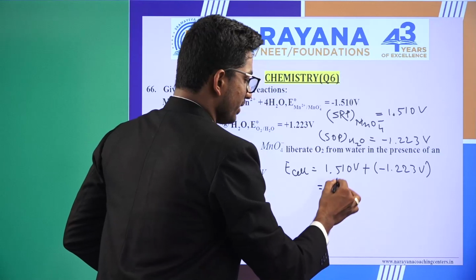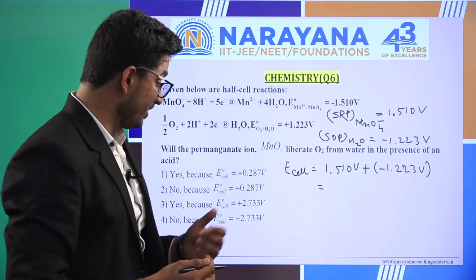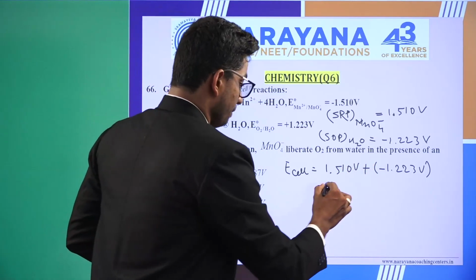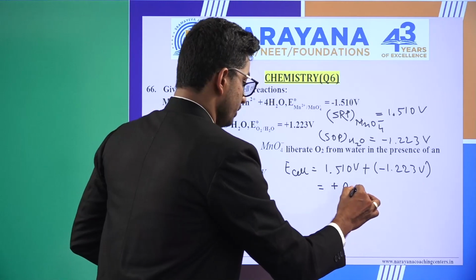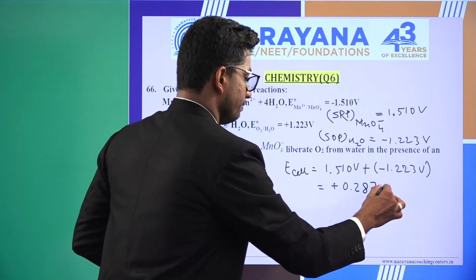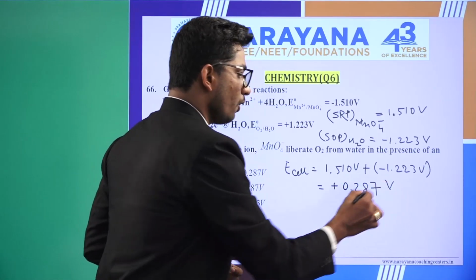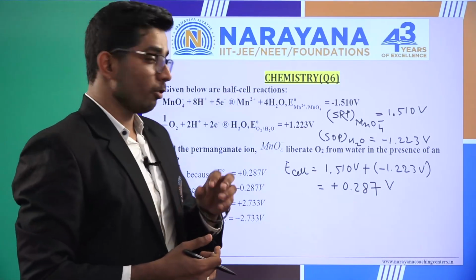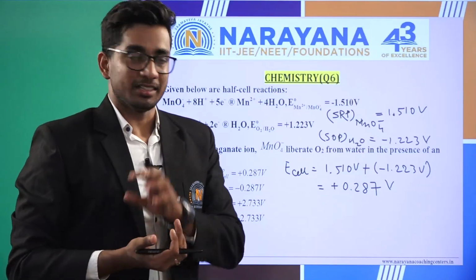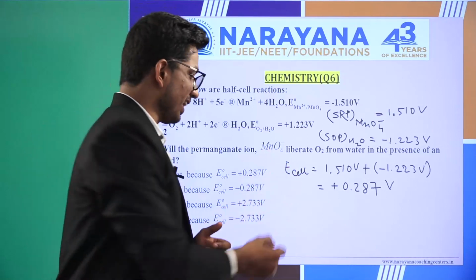Here plus minus will become minus, and it will be plus 0.287 volt.